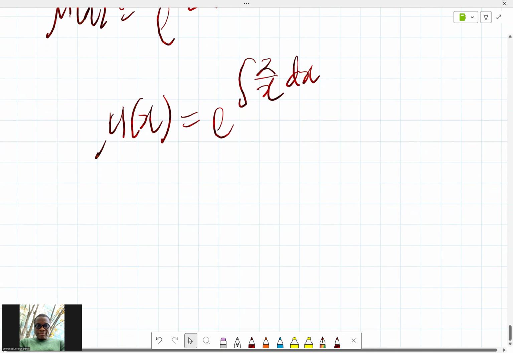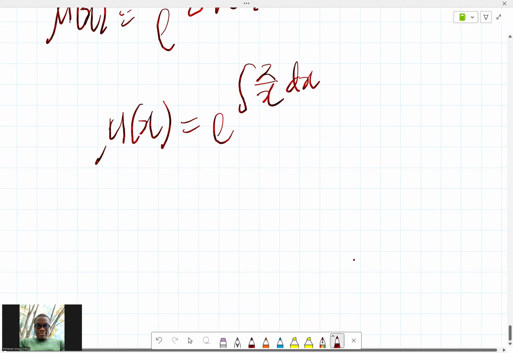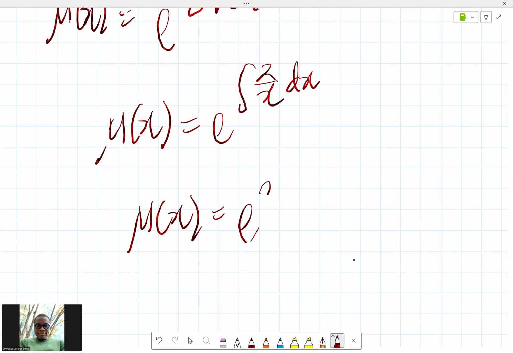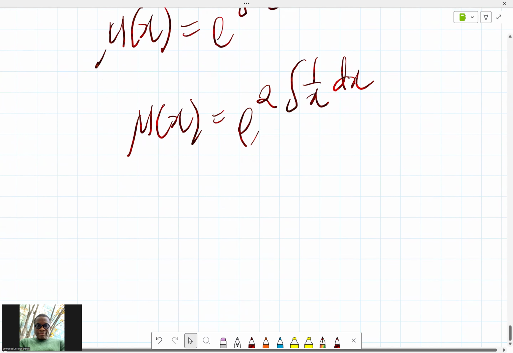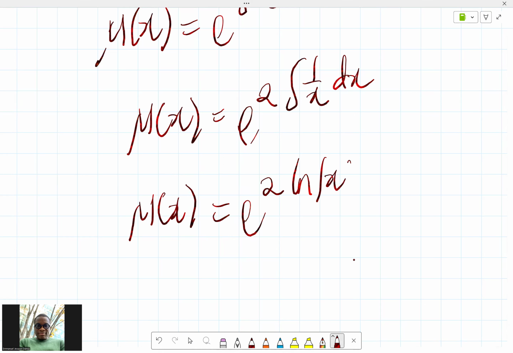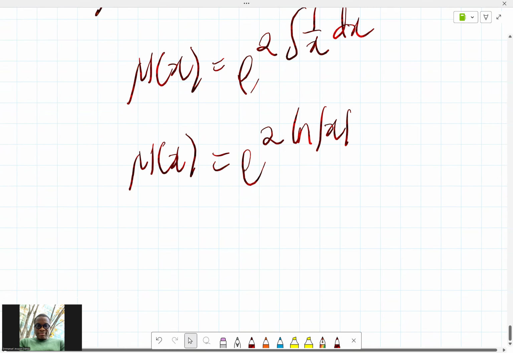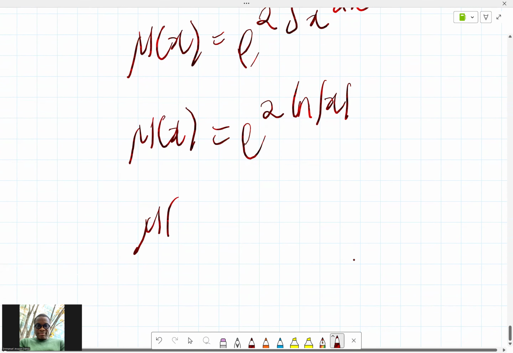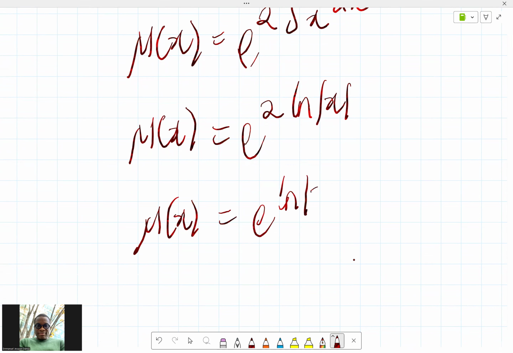All right. And as we know, mu of x here would be e raised to the power 2 times the integral of 1 over x dx. And when you integrate the inverse of this kind of expression, you're going to get ln. So e raised to the power 2 ln of x. We don't have to care about the c because c comes at the end of the day. So mu of x will now be e raised to the power, from the law of logarithm, ln x squared.